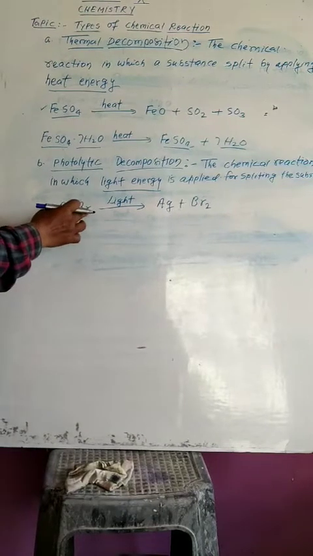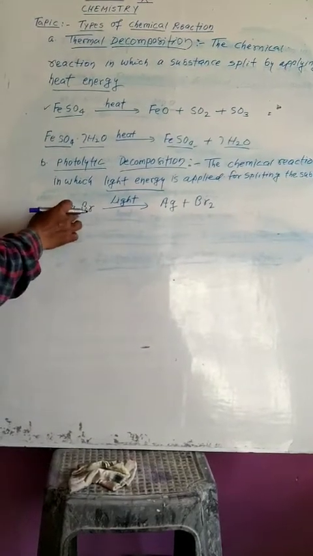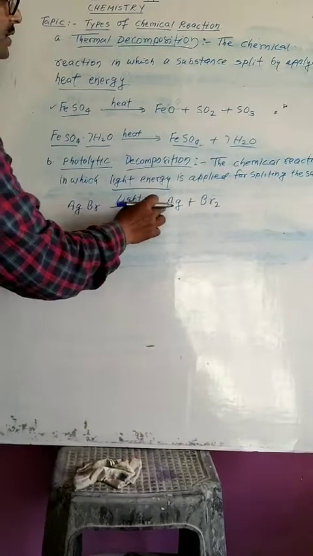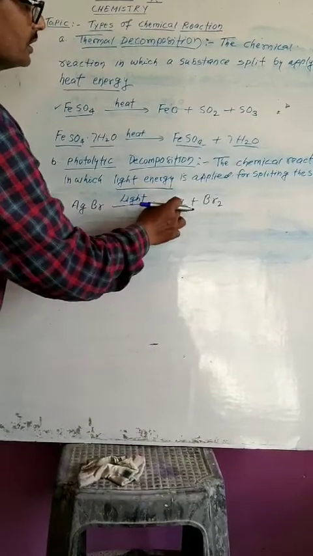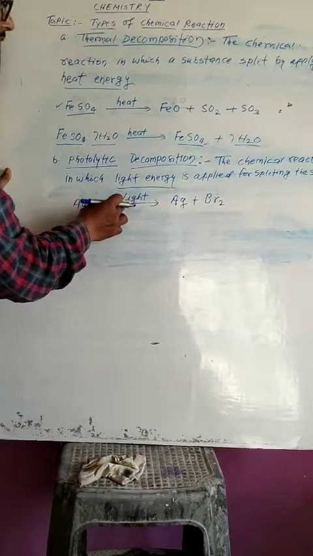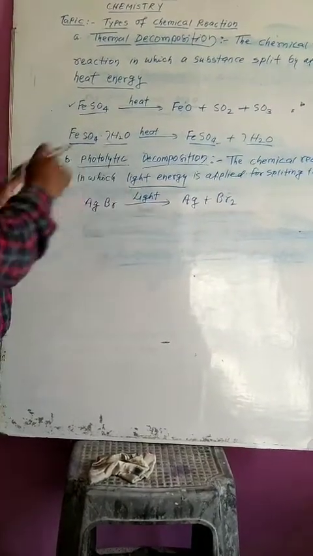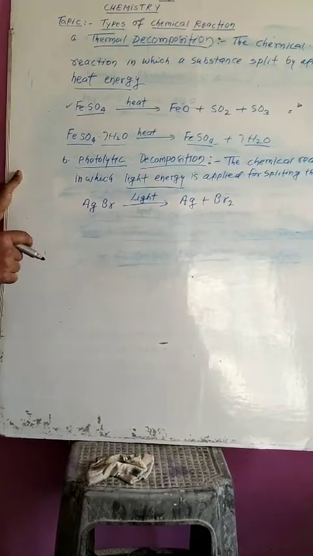This is the photolytic decomposition, as silver bromide splits into two products, silver and bromine, on applying light energy.